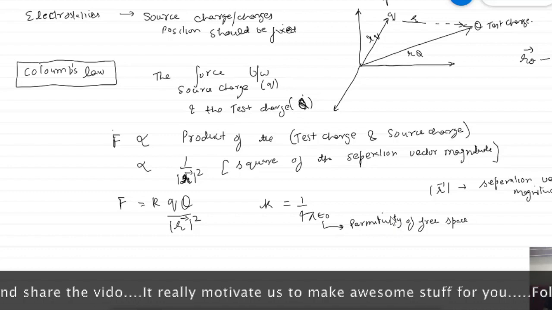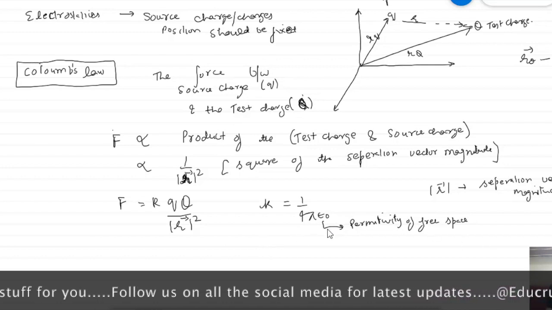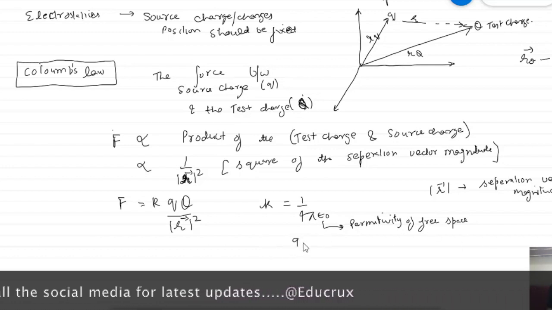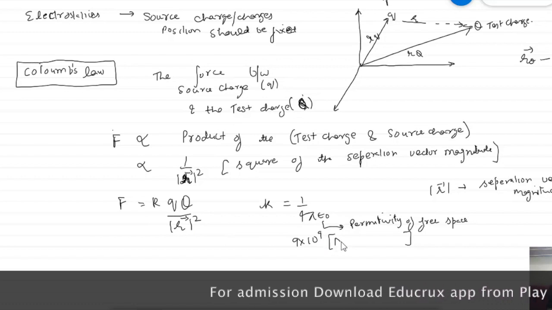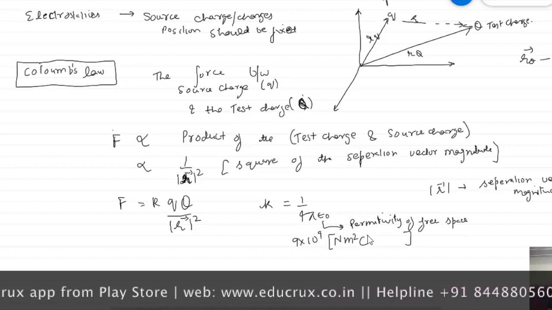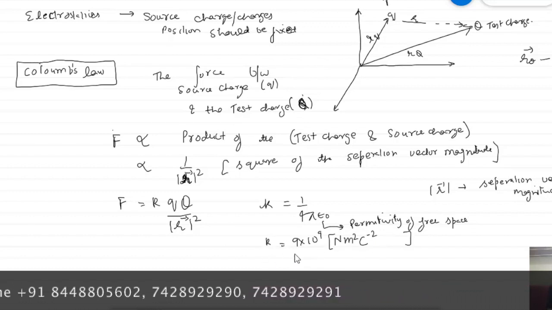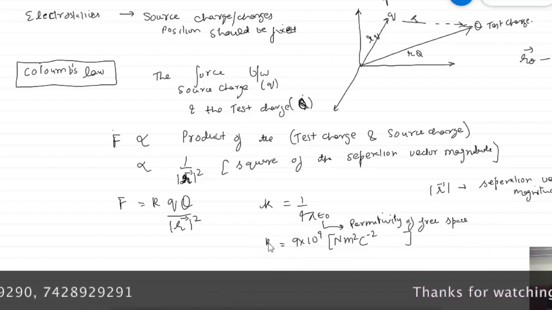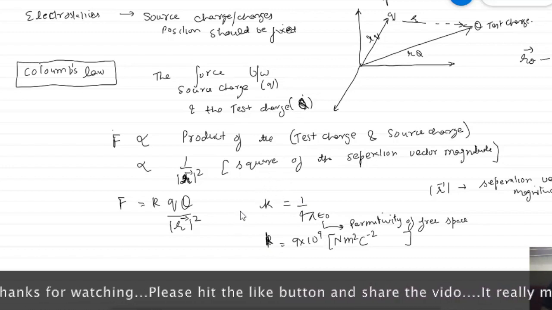The value of small k is 9 into 10 to the power 9, and the unit of this proportionality constant is Newton meter squared per Coulomb squared, that is N m^2 C^-2. So that's how we calculate the force between any two charges.